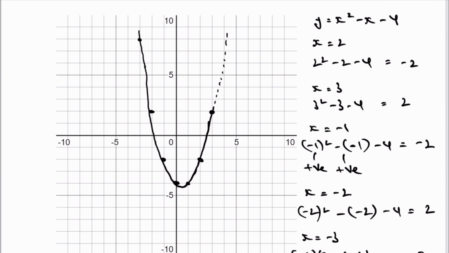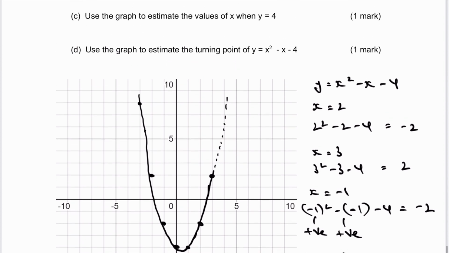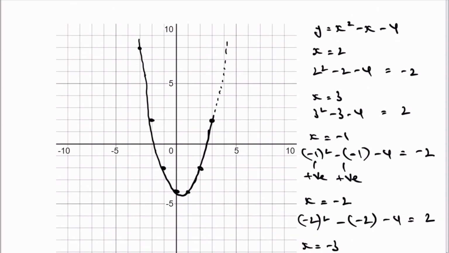But before I do that, it says in part C, use the graph to estimate the values of x when y equals 4. It's actually this top question here. Okay, so when y equals 4, what we're basically saying is that it's this line along here. So what we're looking for is the values where the graph crosses.